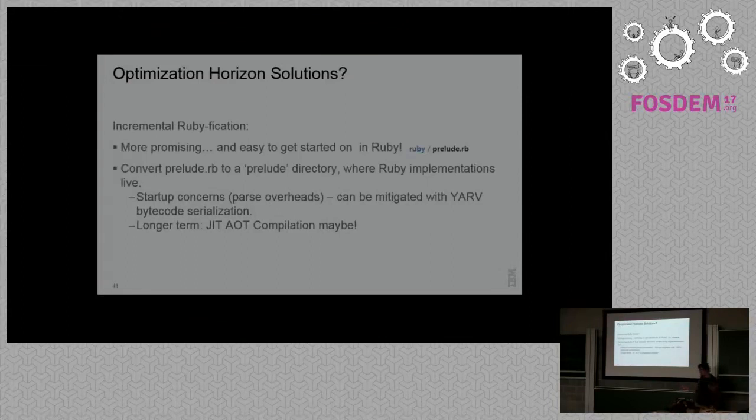You don't actually run that code. There's a couple of ideas. This brings startup concerns, but I think they can be mitigated by using Koichi-san's iSeq serialization stuff. And longer term, maybe we can do an ahead of time JIT solution. I've had some interest in doing that.